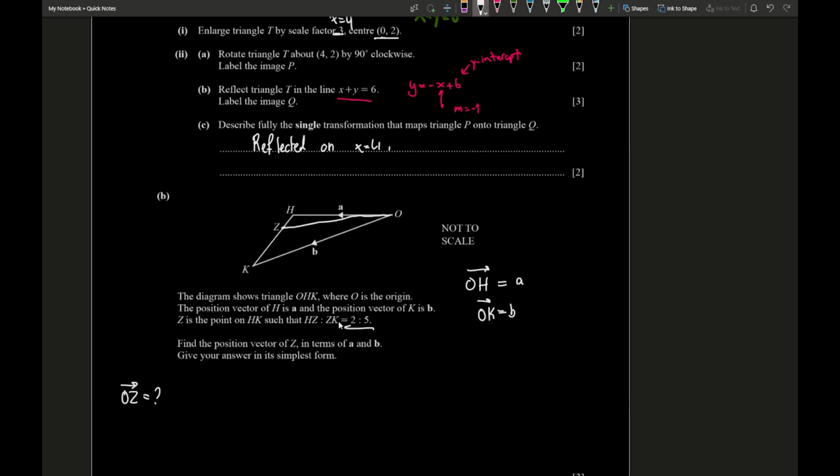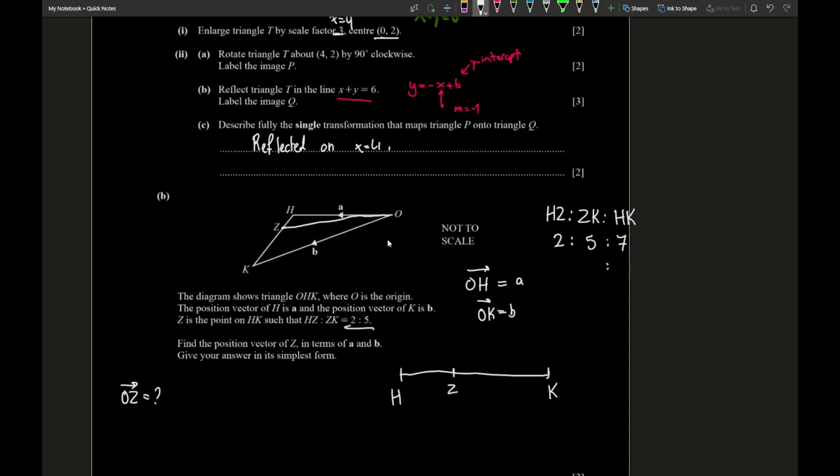First, since it gives us the ratio on line HK, let's find the position vectors of HZ and ZK. Here we have H and here we have K, and Z is somewhere here. The ratio of HZ to ZK is 2 to 5, and the total is 7.